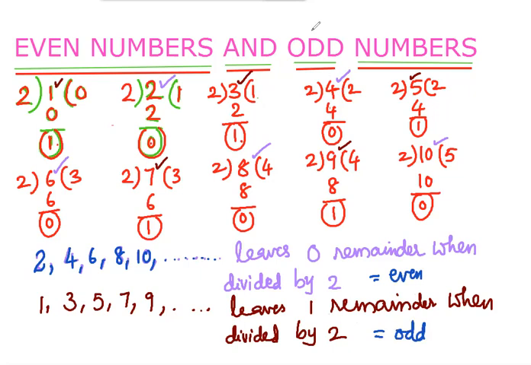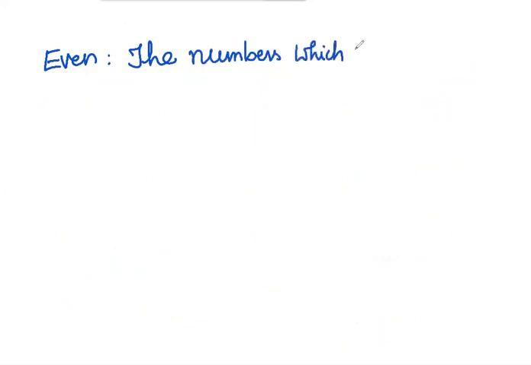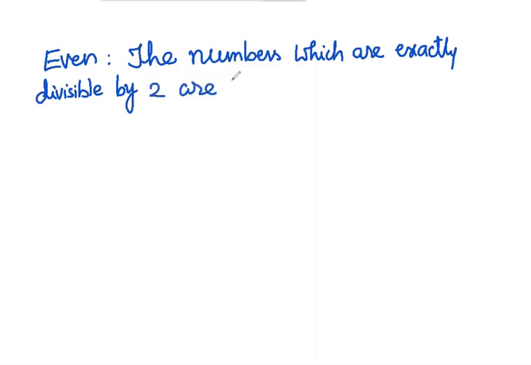Let us write the definition clearly here. The numbers which are exactly divisible by 2 are called even numbers.